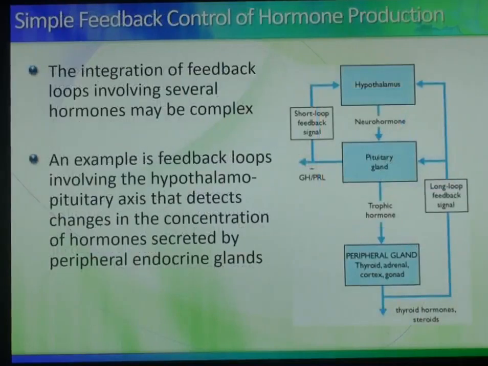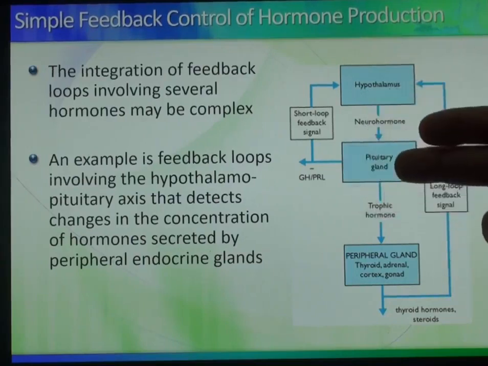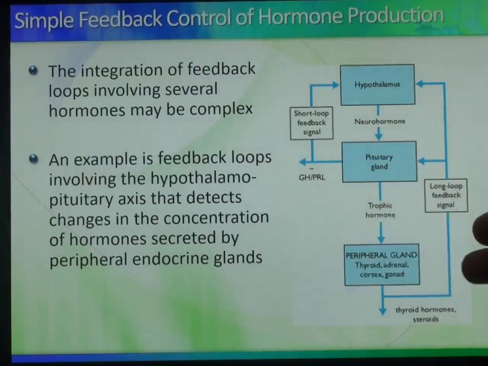There is a more complex feedback mechanism for regulating the release and production of hormones. This is an example that I talked about earlier. So you have the hypothalamic hormones that are released. They affect the pituitary gland, which releases trophic hormones, and these hormones can function on other peripheral glands that produce other hormones.